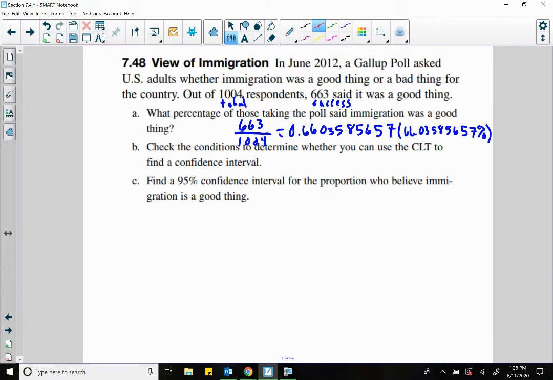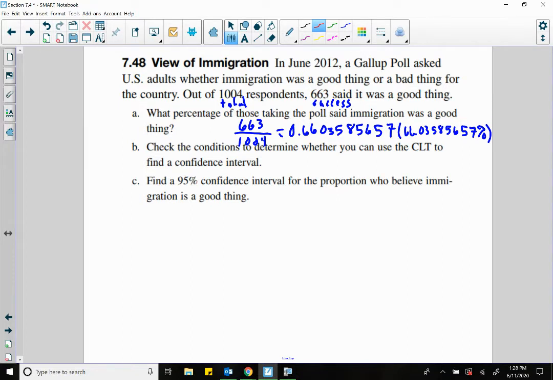But we have to assume that this was done random and independent. With Gallup polls, you have to trust that this is a group that knows how to do their surveying. So we'll say condition 1 is met.